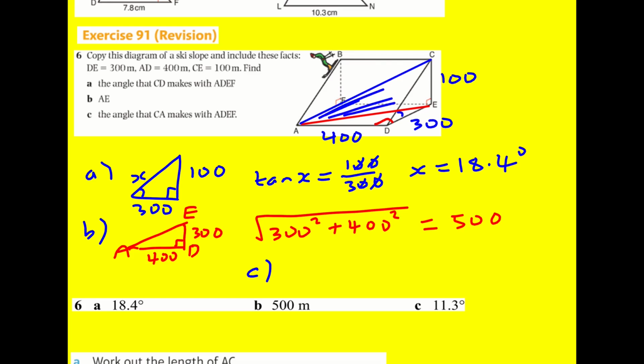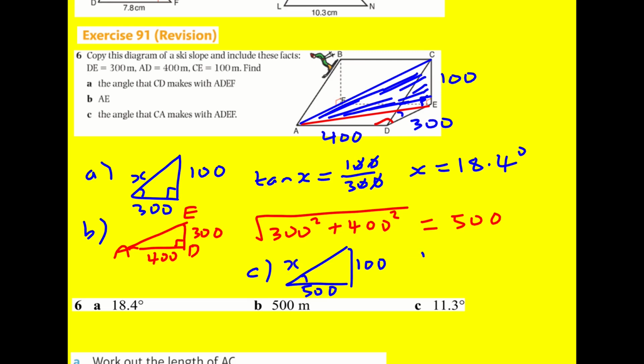I've got this blue triangle here. And I've got a right angle at the bottom because the base is meeting CE. So the height is 100, the base is 500. I'm being asked for this angle here.